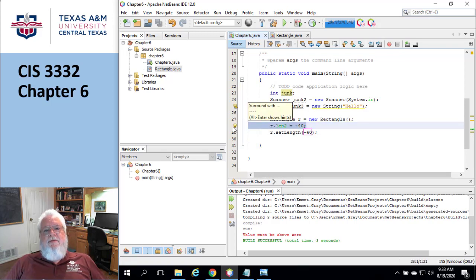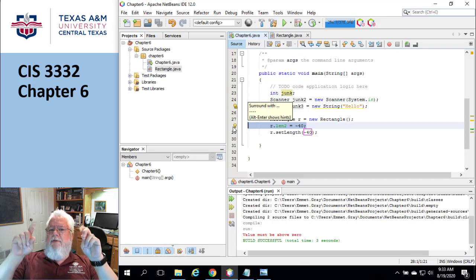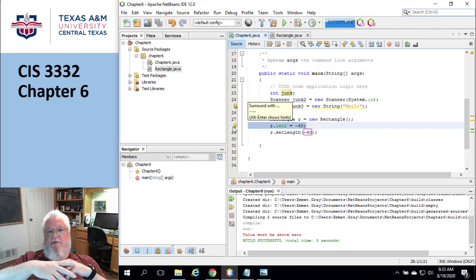So there's basically two different types of input validation. One type of input validation is when you're asking the user to provide information, right? So that's what I call the primary input validation. Primary input validation is when the user of this application is entering the width. We're not even doing that here.